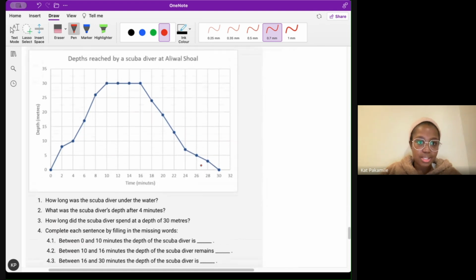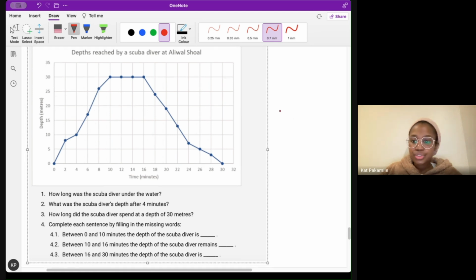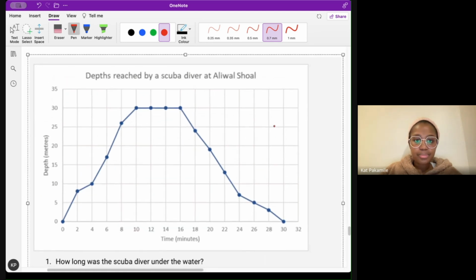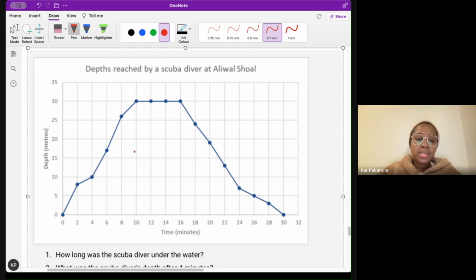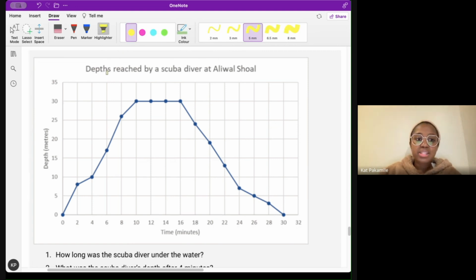Let's answer these questions. Okay, so now we have a graph that speaks about the depth, which means how deep did the scuba diver go into the water. So it's talking about the depths of a scuba diver. All right, so now we're going to unpack this graph and see what it means.